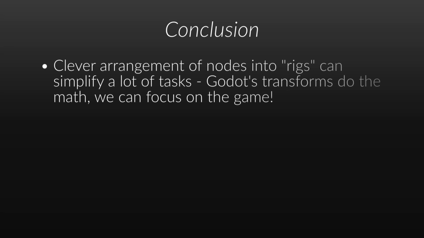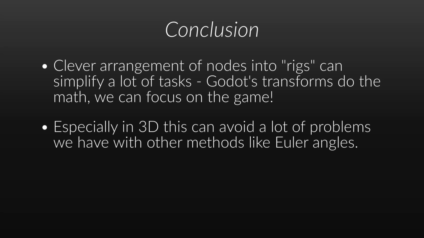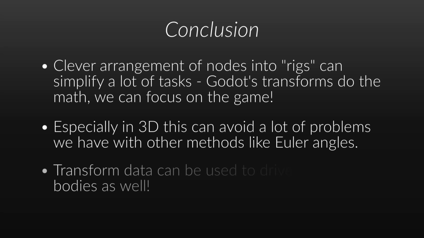We learned that we can use this behavior to build node rigs that make it very easy to control complex motion from our code, like keeping 2D platforms upright or fanning out cards in a card game. We learned that using these rigs to do rotations in 3D is simpler and more powerful than using Euler angles because it avoids problems like gimbal lock and gives us more control. We also learned how we can use information from transforms to drive physics bodies like a CharacterBody3D.